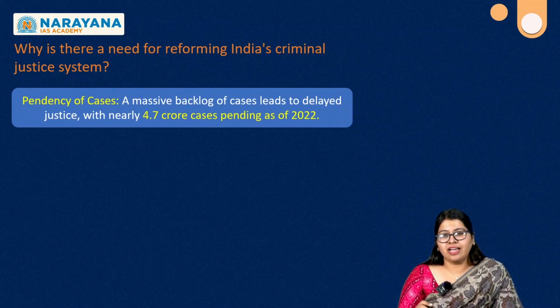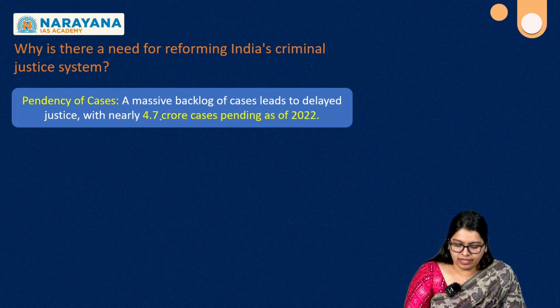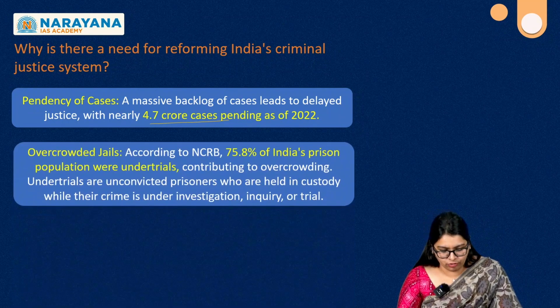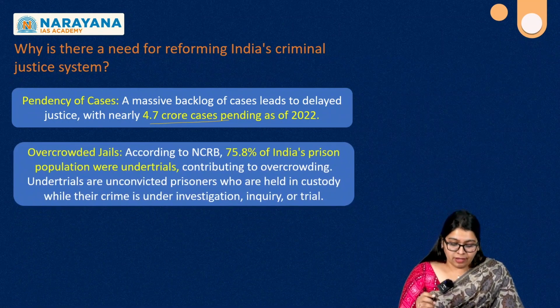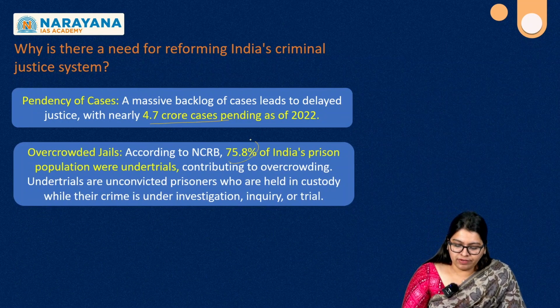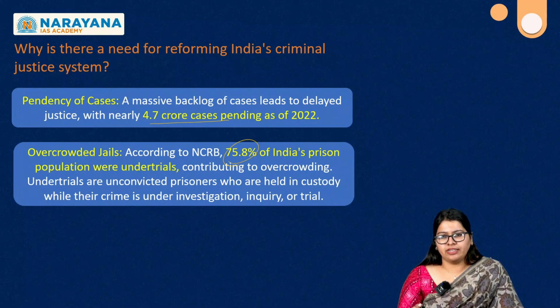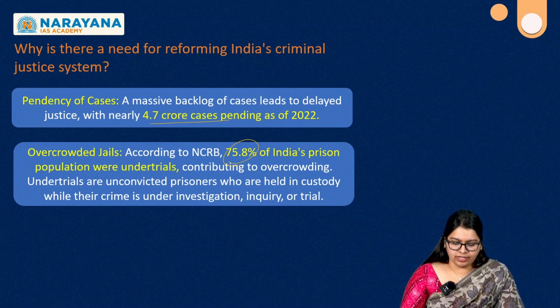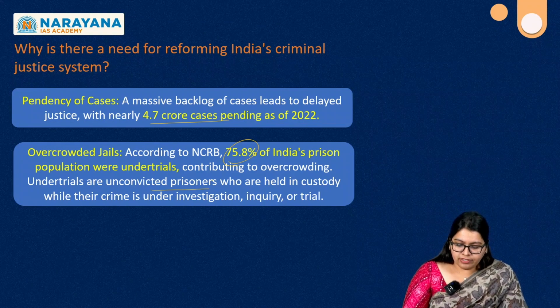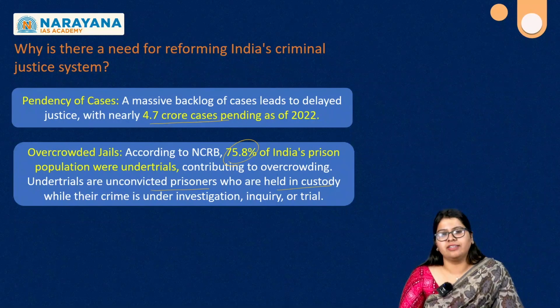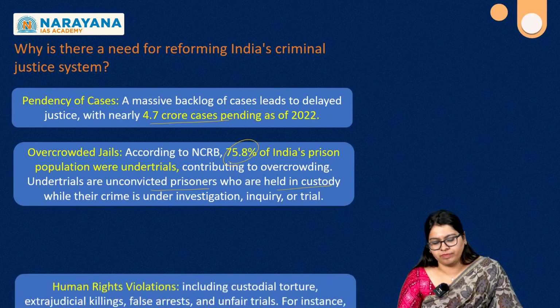Moving ahead, we see that there is a lot of pendency of cases. If we see the NCRB report, it notes that there are 4.7 crore cases pending as of 2022. Also, the same NCRB notes that around 75.8% of India's prison population were undertrials. Thereby, these laws did not cater to the releasing of undertrials, leading to unconvicted prisoners who are held in custody while their crime is still under investigation and inquiry.